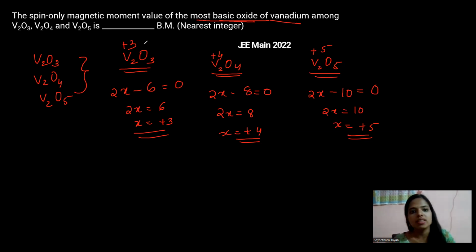So the oxidation state is lowest in V2O3, right? It is only plus 3. Plus 3 is the oxidation state in V2O3. This is the lowest oxidation state.